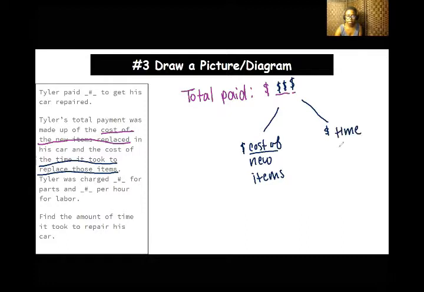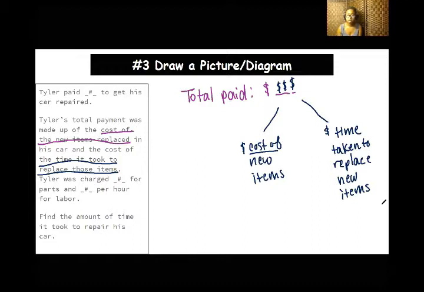Had to pay for that. Time taken to replace new items. Okay, so total cost, or total payment, broken down into two sections: cost of new items and time it took to replace those new items.